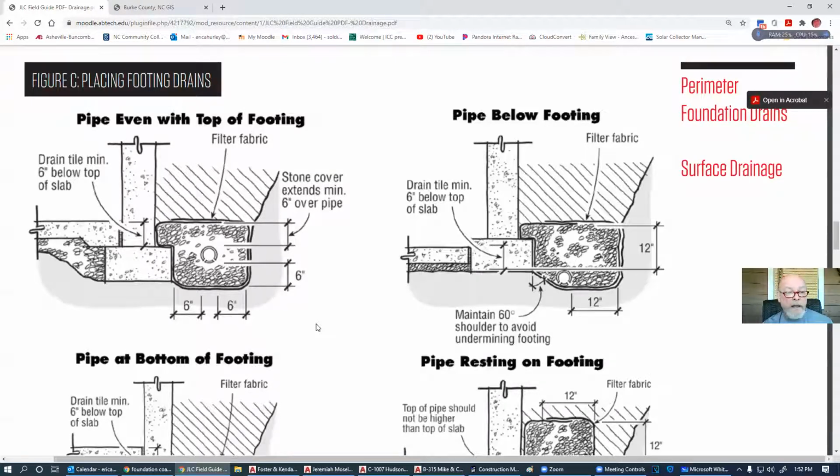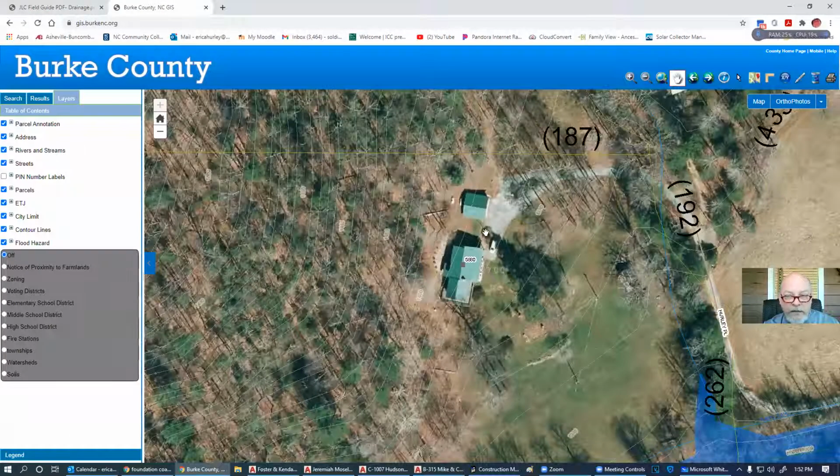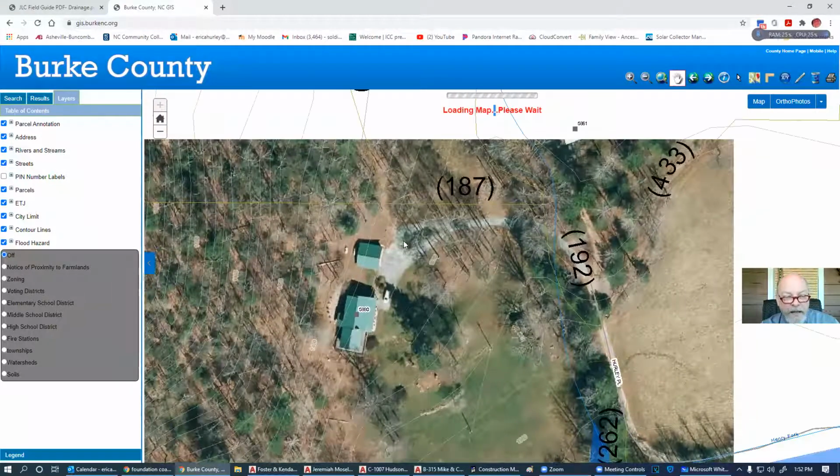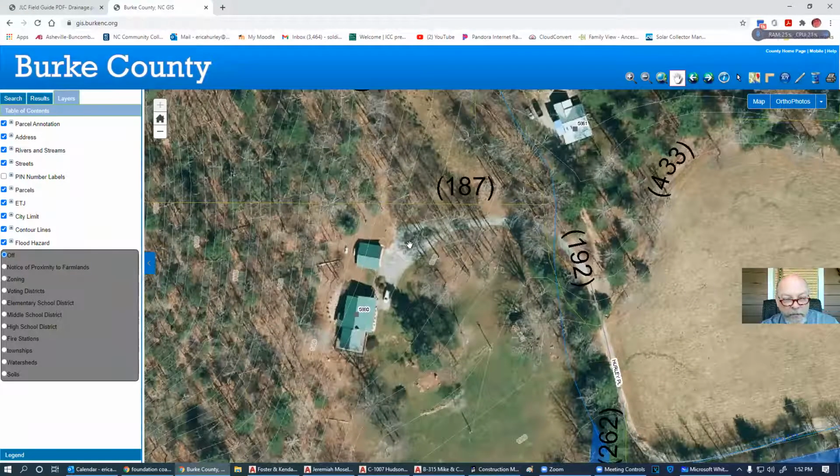I live on a slope. So when you think of groundwater, it's water that is underground that comes to the surface. And in some cases, it can be very close. Let me go back over here and talk about this again. The well house is right there.